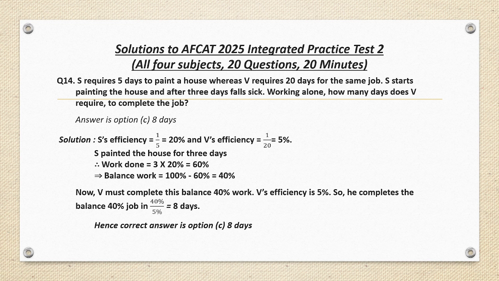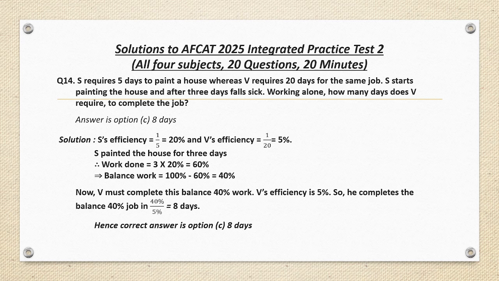So let us go by the efficiency method here, because 5, 20, 25, such numbers give us exact percentages, whereas 3, 8, 7, they give us decimals, right? So 1 by 5. S efficiency is 1 by 5.